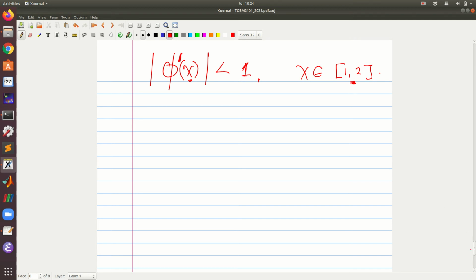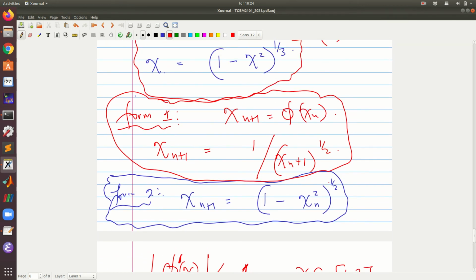Well, that means that we would have to differentiate this form with respect to x, or we would also have to differentiate 1 over x plus 1, this form here, with respect to x. Now, for essence of time, please allow me to write down what I saw works, and I will also show you in a bit why I said that one works.